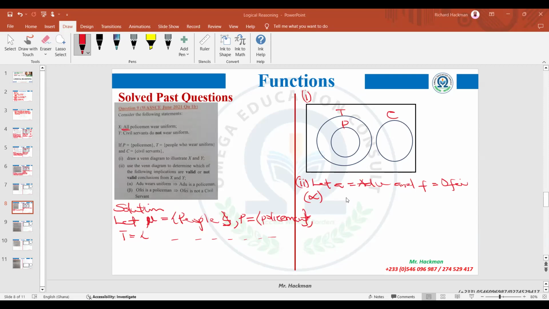How would you place your name, Edu? Just try. If you get it wrong, we are learning. Okay, so Edu wears uniform. So where are you going to place Edu? So Edu is going to be in T and in P.